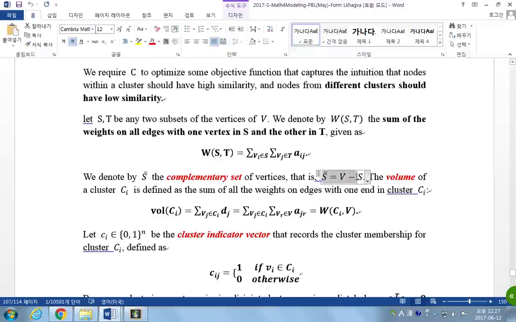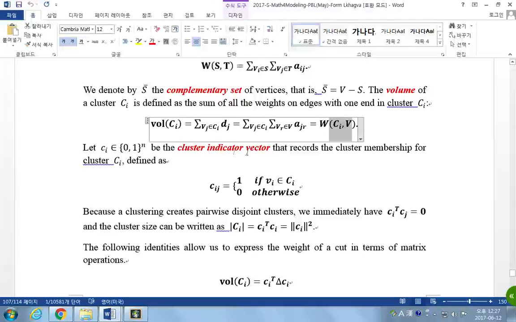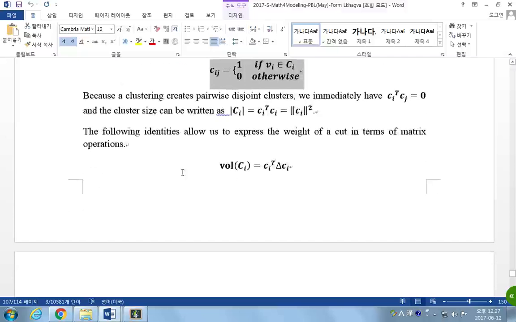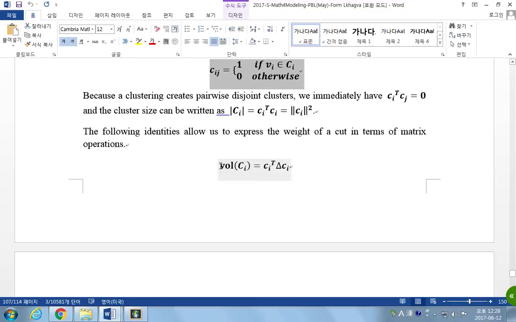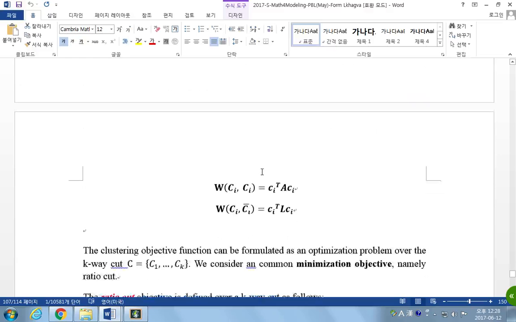The volume of cluster C is defined as this formula. Also, the cluster indicator vector is defined as this. Then we have some equalities.